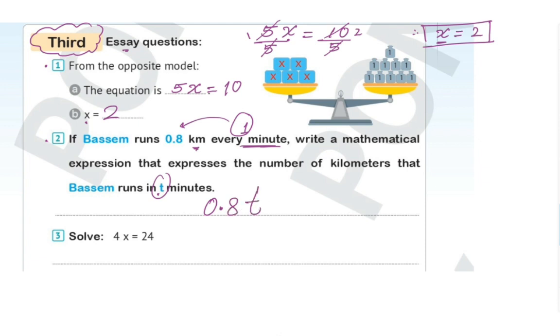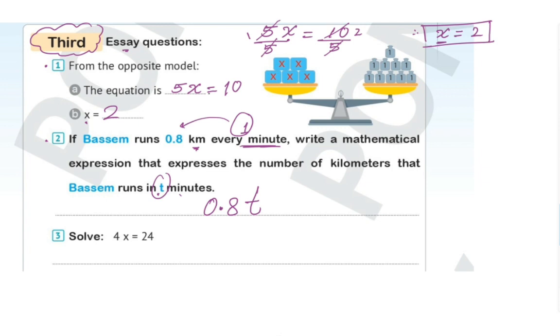If I multiply the kilometers per 1 minute by the number of minutes, I get the total kilometers at this time. Maybe 2 minutes or 3 minutes, any number of minutes.